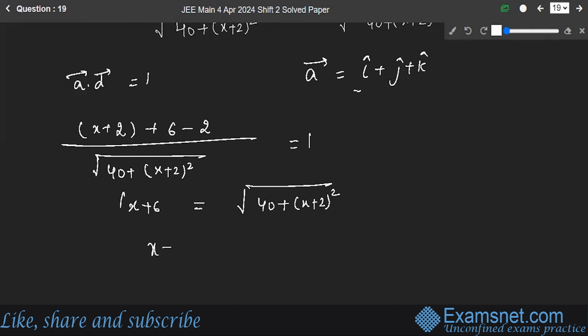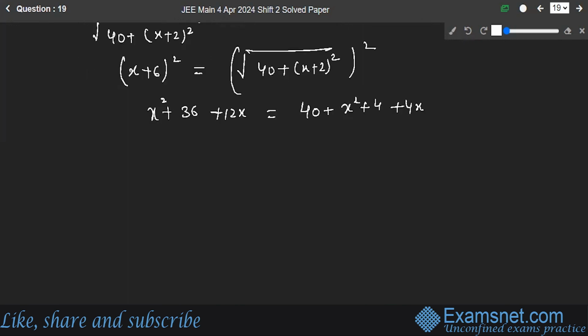You have x squared plus 36 plus 12x equal to 40 plus x squared plus 4 plus 4x, or x squared will cancel out, and you have 8x equal to 44 minus 36, which is equal to 8. That means you have the value of x as 1.